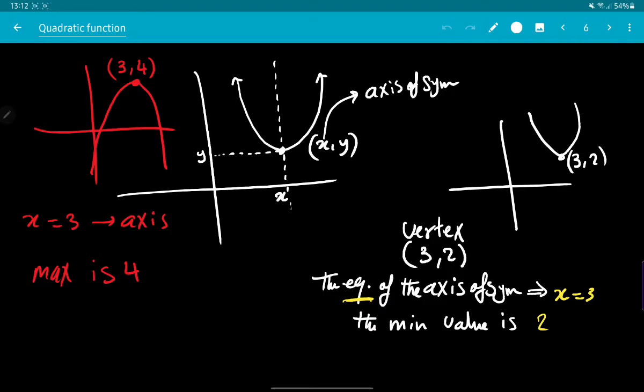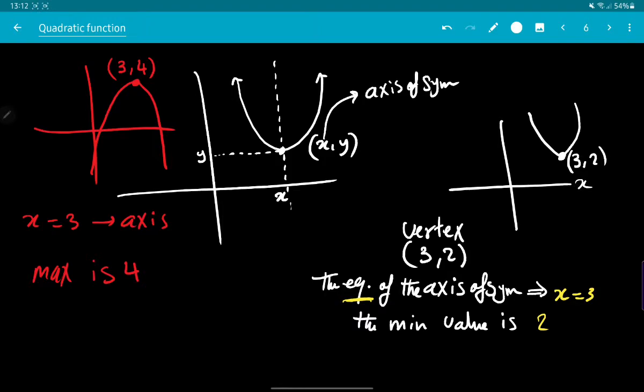Then we have the graph itself, like this one. It has a vertex. This point is called the vertex of the graph. The vertex consists of two components, x and y, because this is a point in the 2D coordinates.